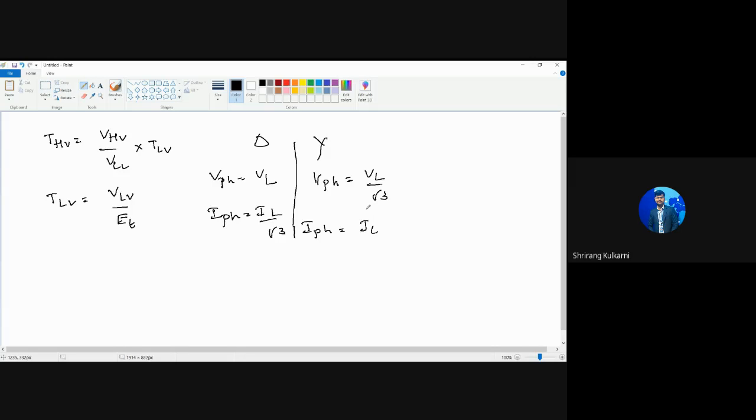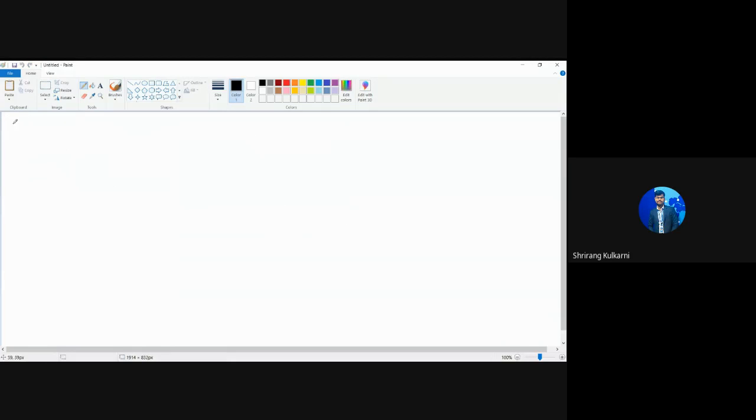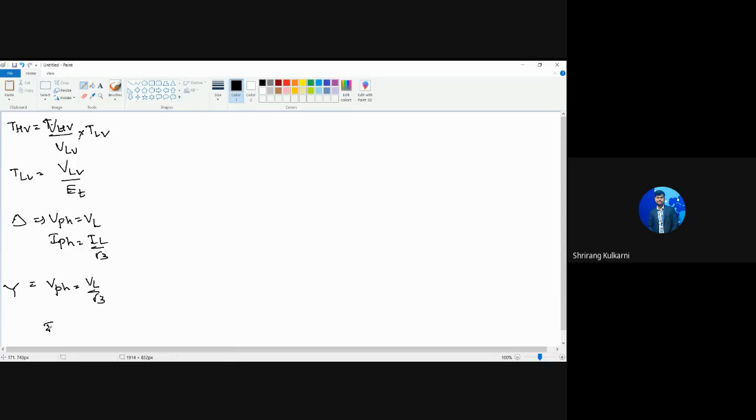I will tell you the next problem now. Using these formulas, I will give a small example.